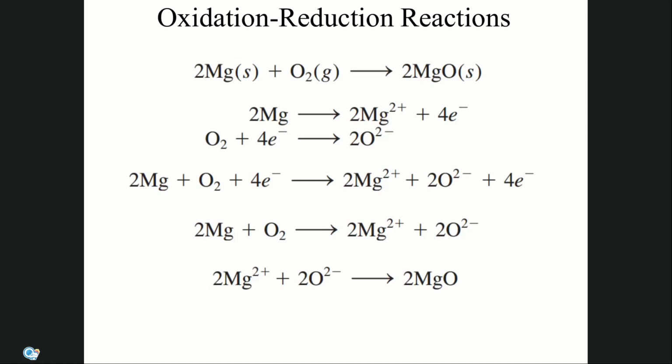We begin our discussion with a reaction in which two elements combine to form a compound. Consider the formation of magnesium oxide from magnesium and oxygen.